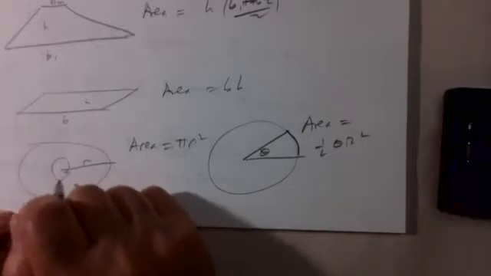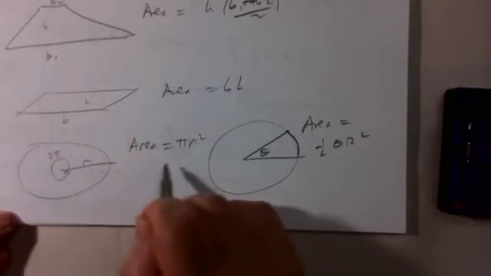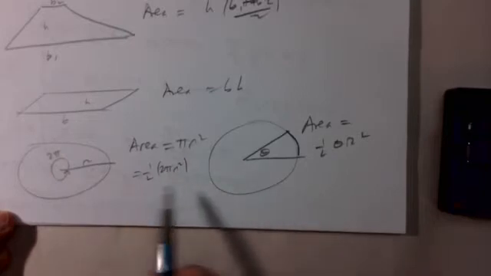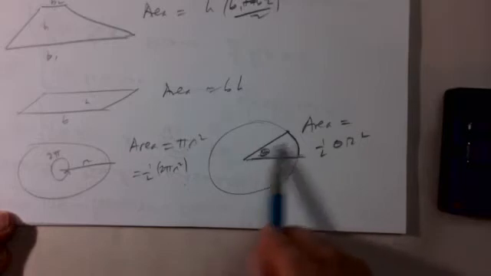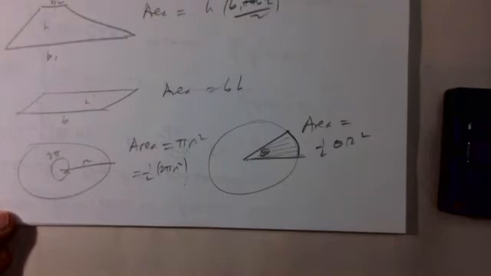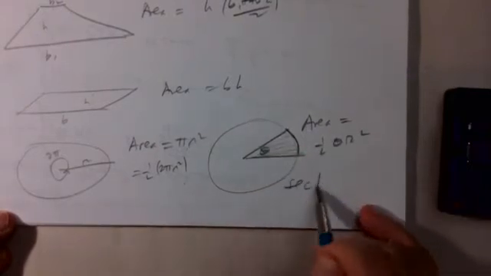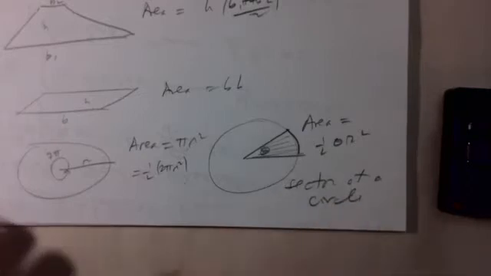If you had the whole circle, the angle was 2 pi. This is exactly the same as a half, 2 pi r squared. So you see that the formula for the area of a circle is a special case of the formula for the area of a sector of a circle. Any questions about this?